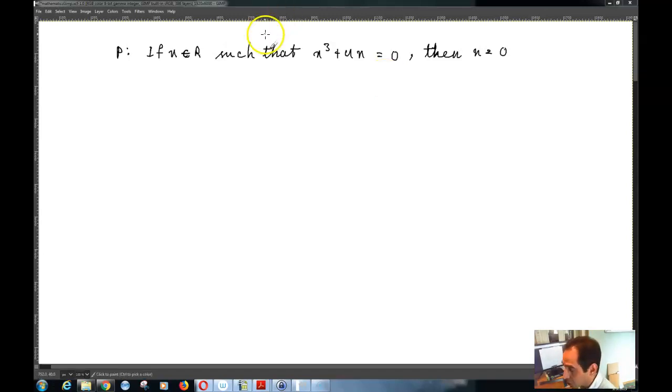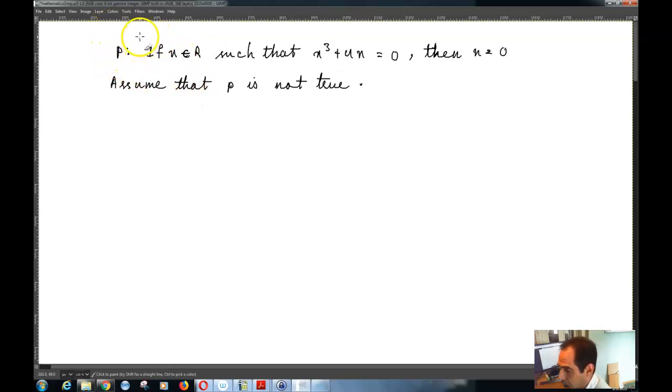And the contradiction is that you assume that P is not true. That's the opposite of what you want to prove. You want to prove that P is true, so you assume that P is not true because you want to use the method of contradiction.